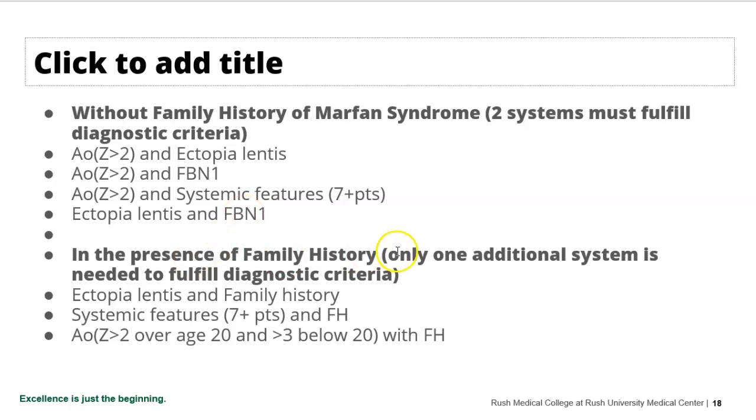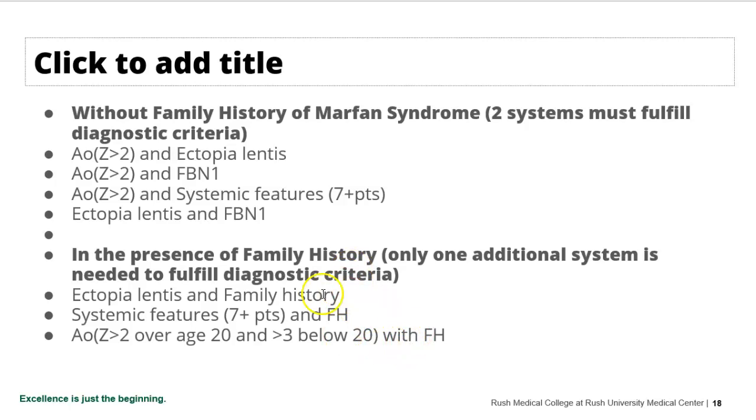In the presence of family history, now you only need one thing because you already have family history. So you either need dislocation of the lens, 7 points of systemic features, or an aortic root with a Z-score over 2 over the age of 20, or over 3 under the age of 20.